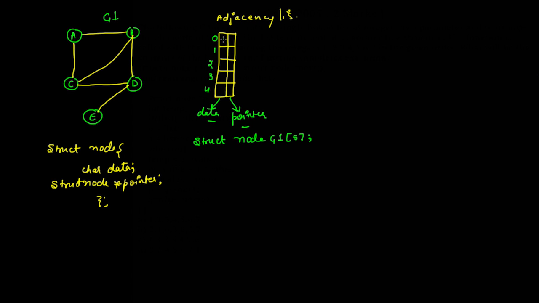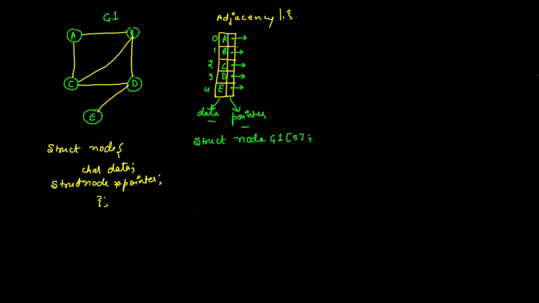For example, 0 is containing A, 1 is containing B, 2 is containing C, 3 is containing D, and 4 is containing E. And this pointer part is going to point to some nodes. These are the nodes which are adjacent to vertex A, here the nodes adjacent to vertex B, here those adjacent to vertex C, here D, and here E.